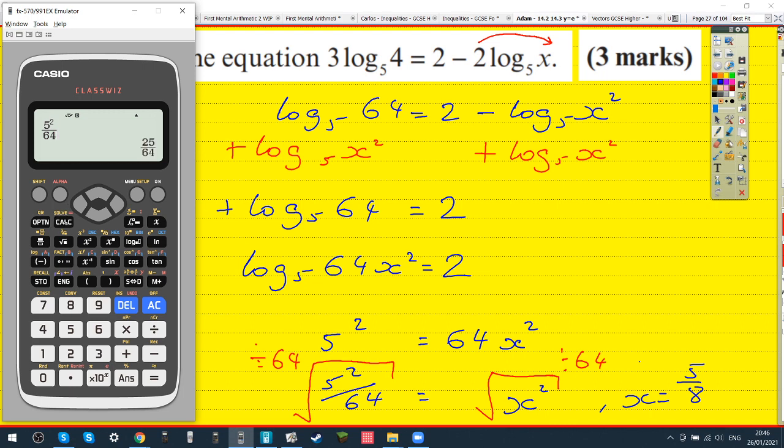Alpha equals x squared. So this is what you were insisting, which is crazy. You would just square root it. So there you go, you get your 0.625, and if you press answer, it will say 5 over 8.